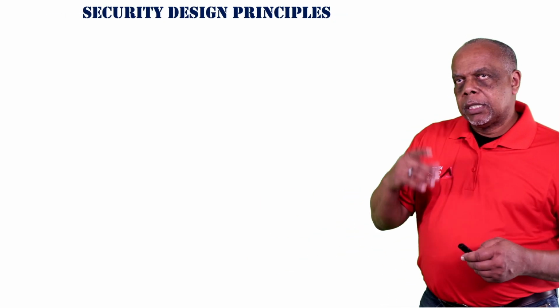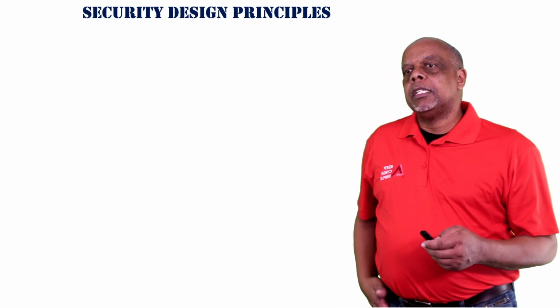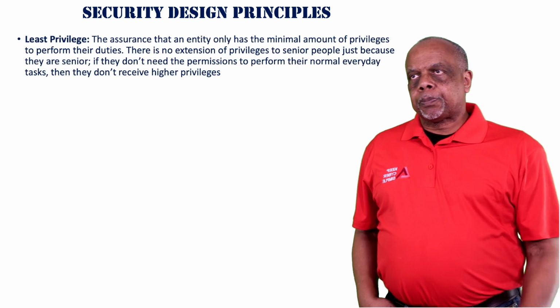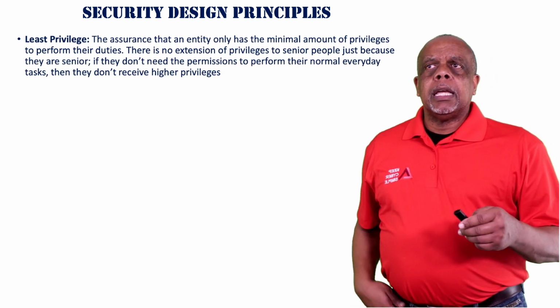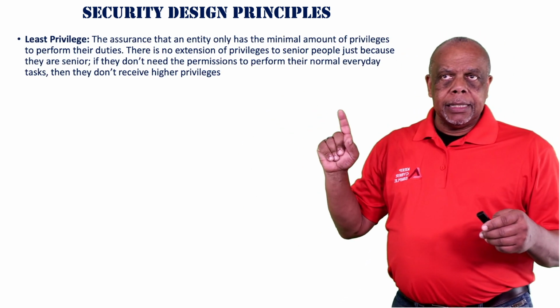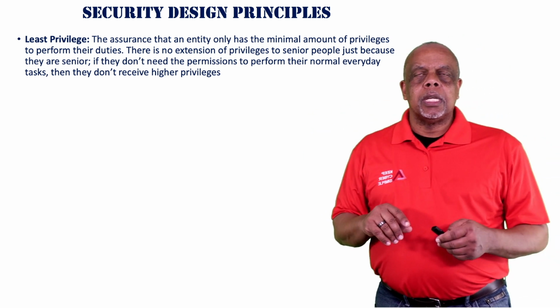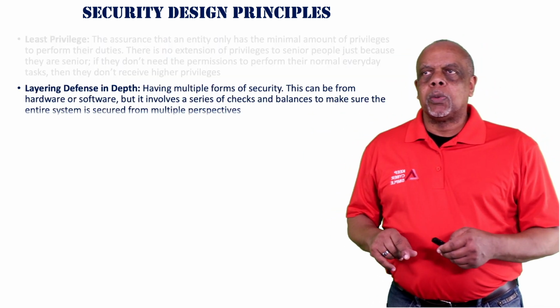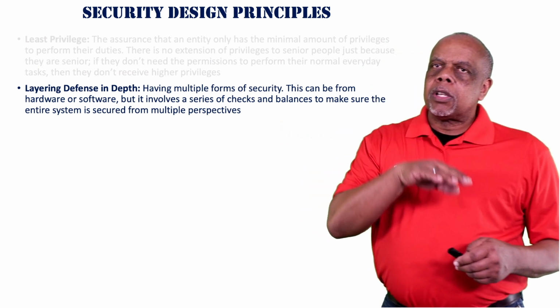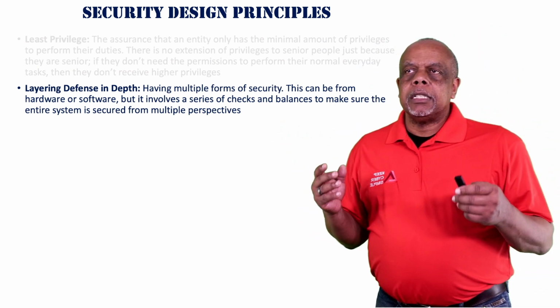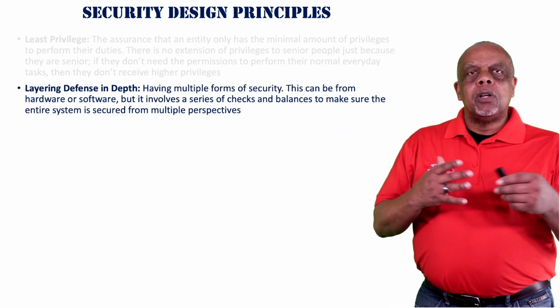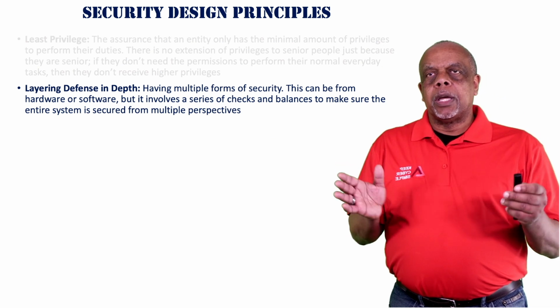So when we look at this, let's drill down into this a little bit deeper, okay? Least privilege, like I say, is the assurance that an entity only has the minimal amount of privileges to perform their duties. And that's key. We're going to go deeper in each one of these. I'm just scanning across the top right now. Layering or defense in depth: having multiple forms of security in your network, right?